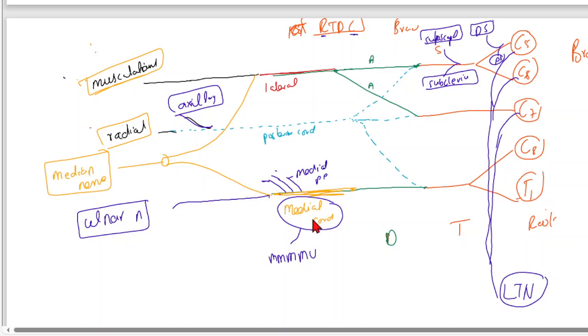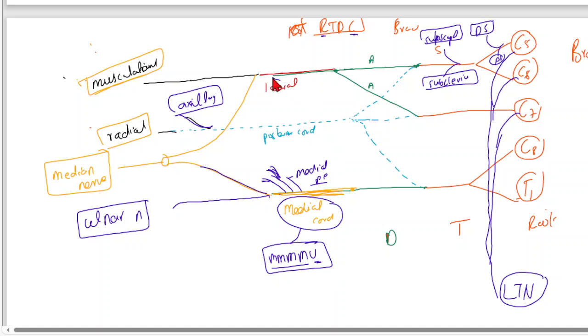From the medial cord, nerves arise: 4M and 1U. The 4M mean the medial pectoral nerve, medial cutaneous nerve of arm, medial cutaneous nerve of forearm, and medial branch of median nerve. So this mnemonic you can write with the medial cord.